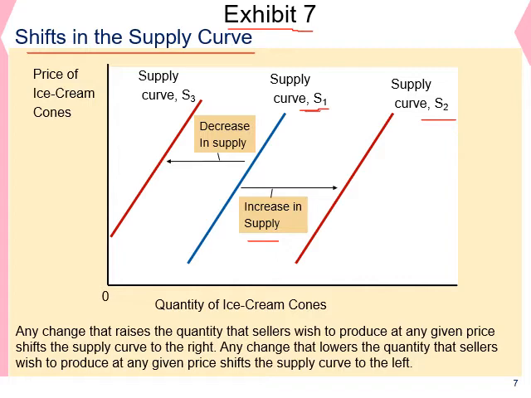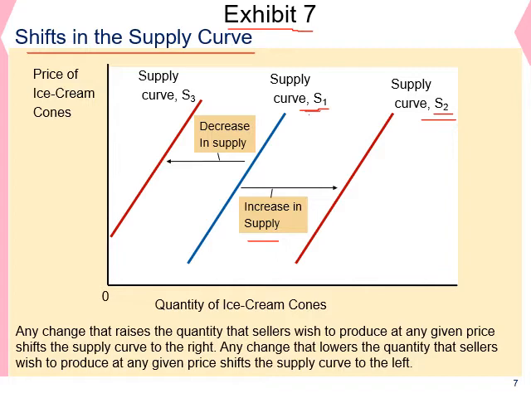For instance, an increase in the number of sellers, a decrease in the price of input, a decrease in wages, or a decrease in energy price: the supply curve will increase and shift to the right, and will move from S1 to S2.